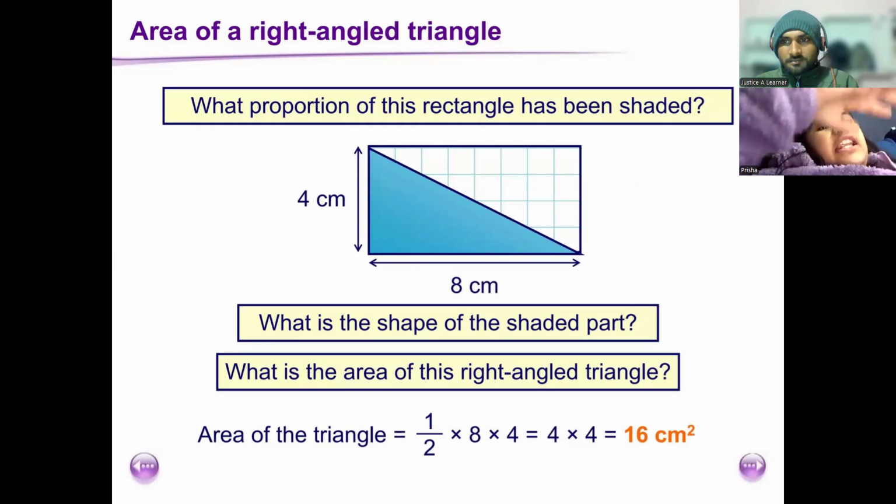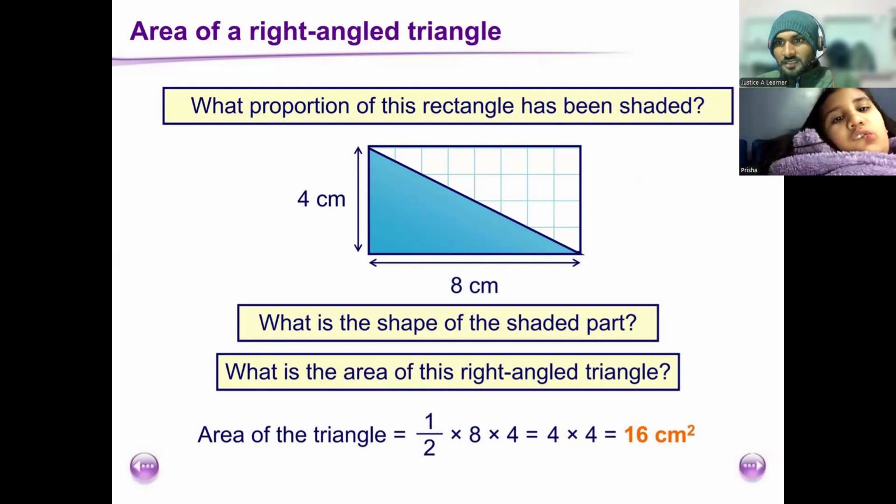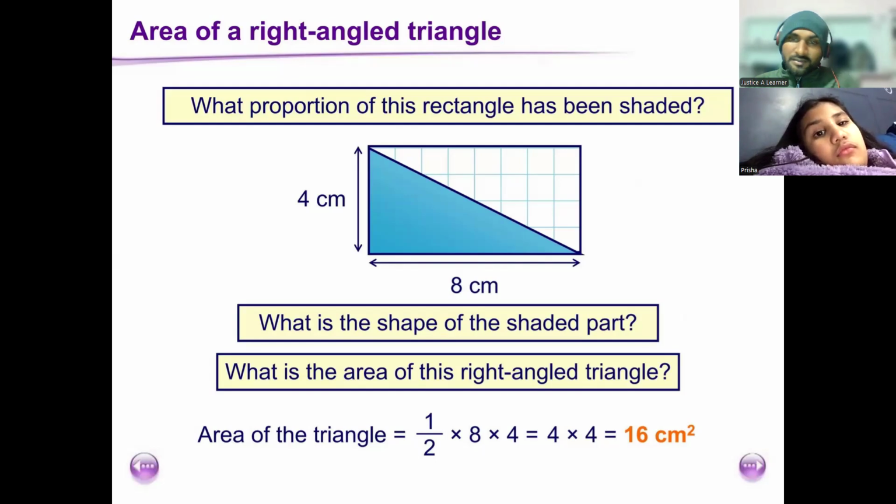It is measured as the inside surface. Inside surface, correct? And it is measured in square units, right? Yeah. So it can also be seen as how many squares can fit into that surface, and that would be the area, the total number of squares having one unit, right?